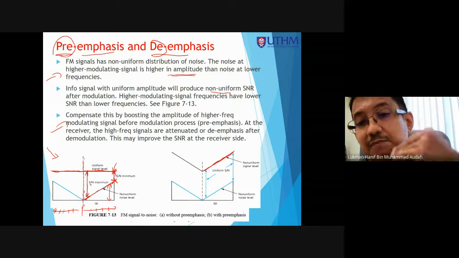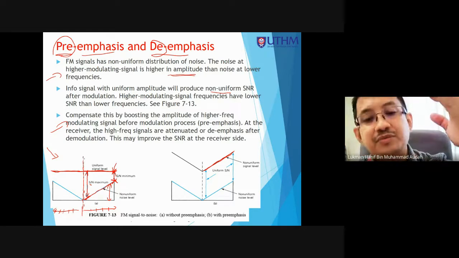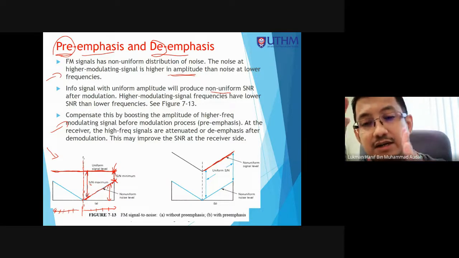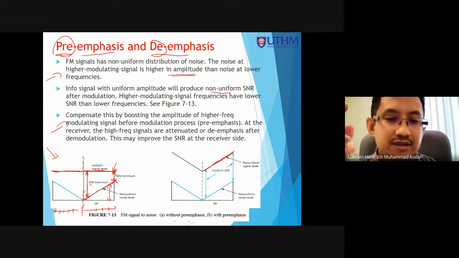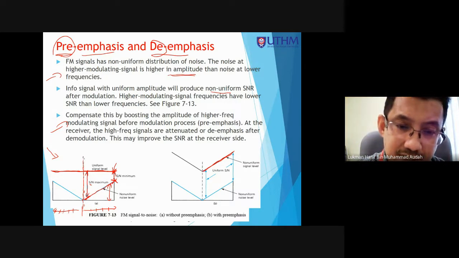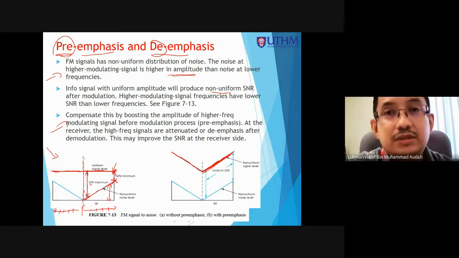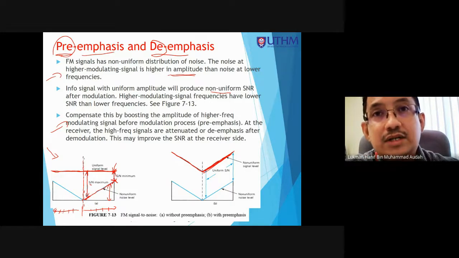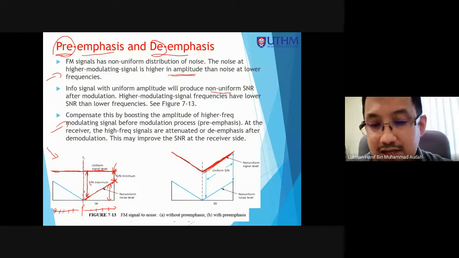Actually what we do is we amplify the signal level to be higher, dan kadar gain ini tidak sama, dia adalah linear. Nanti kita akan lihat contoh lah.